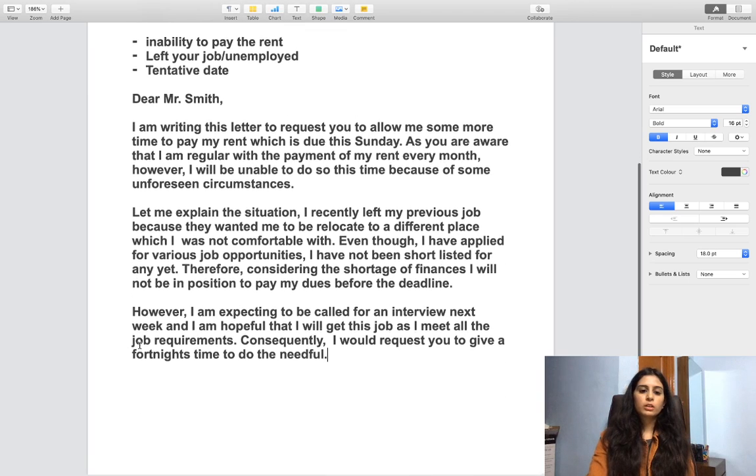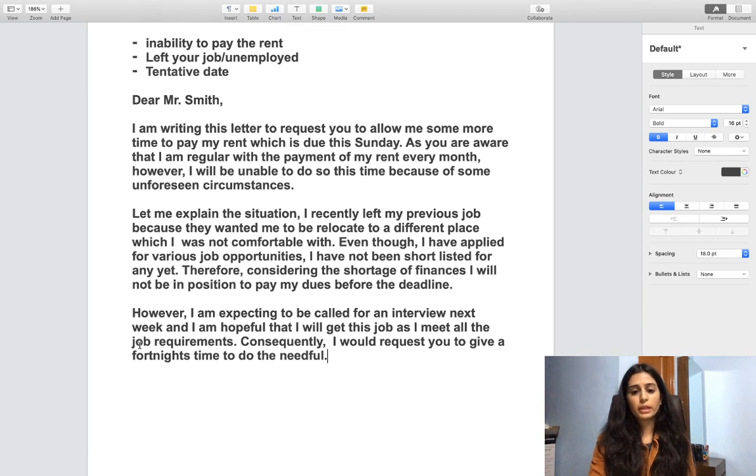So you've given him an estimate like a fortnight's time. So fortnight basically means 15 days. So you're asking him to give you 15 days time so that you can take the interview, get through it, and then get a job, and then you can pay him the dues that are pending.